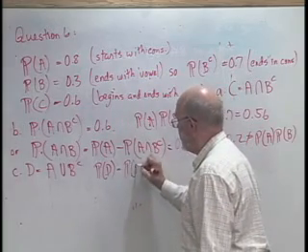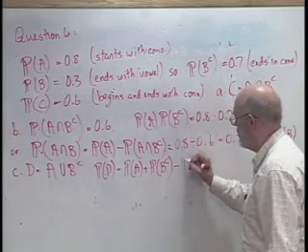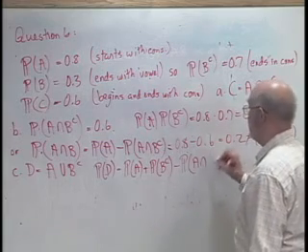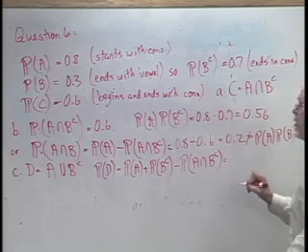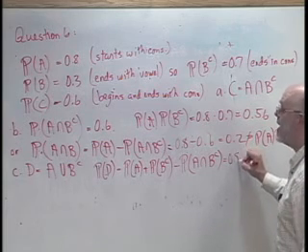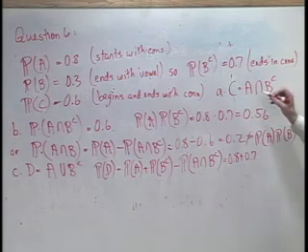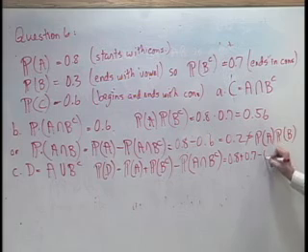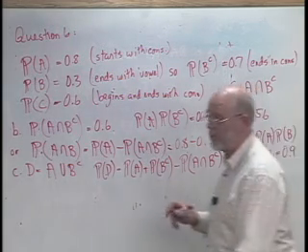That's P of A plus P of B complement minus P of A intersect B complement, which is 0.8 plus 0.7. And how convenient, we're given A intersect B complement as an event with specified probability, minus 0.6. That's 0.9.